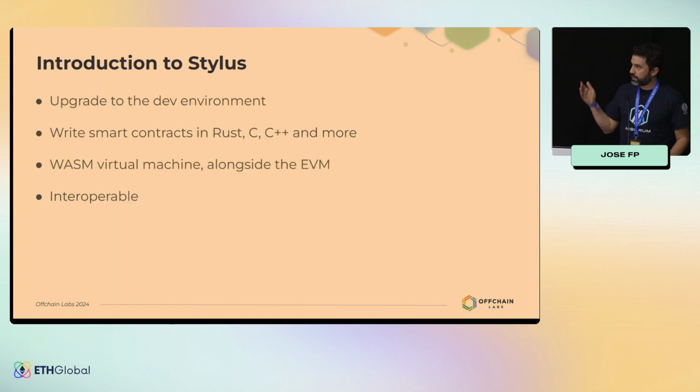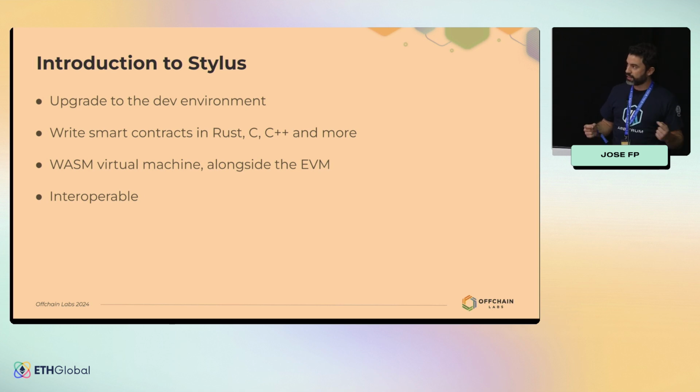So what is Stylus? Stylus is an upgrade to the current development environment for smart contracts on EVM chains. So basically now if we want to write smart contracts, you usually do that in Solidity or in Viper. And with Stylus, you are able to write smart contracts in Rust, C, C++, and other languages, okay?